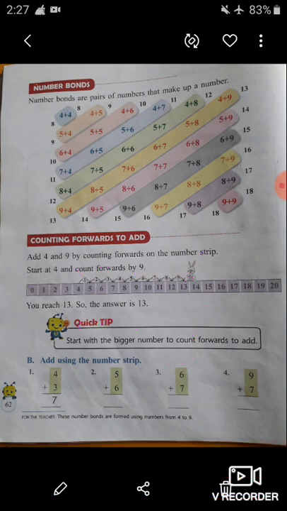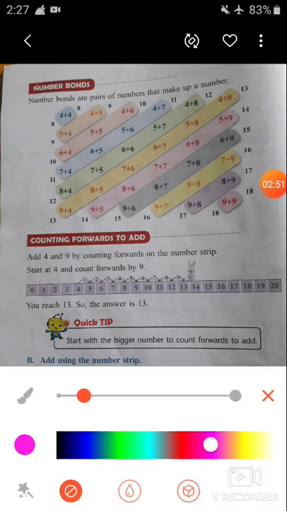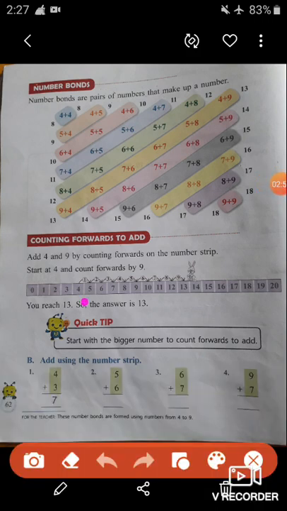Here we started from number 4 and then you reach the number 13. So the answer is 13, or when you add 4 and 9 you get the number 13. So students, here we have to add numbers by using the number strip.